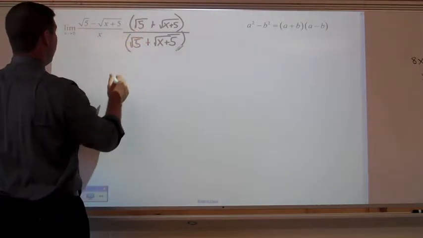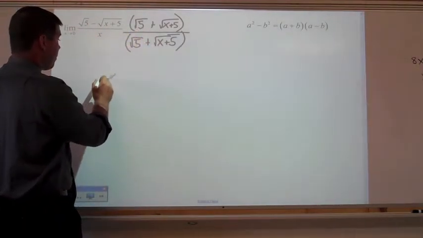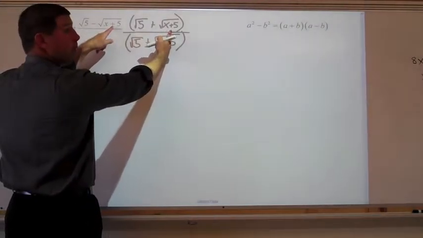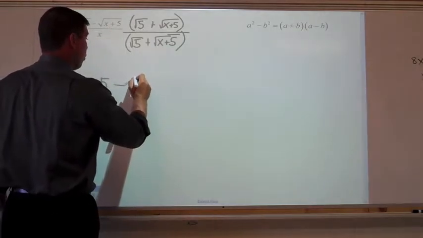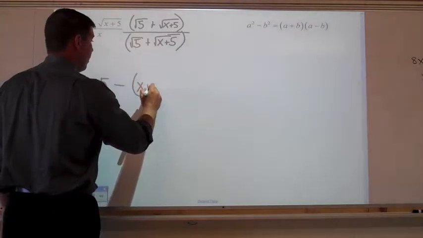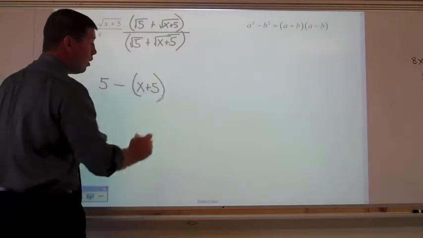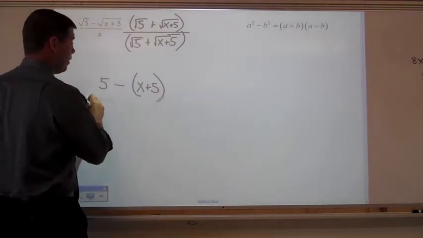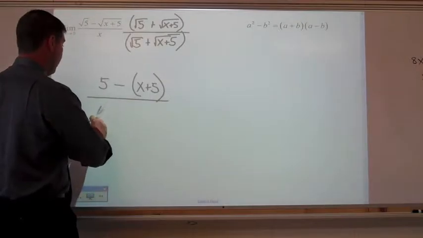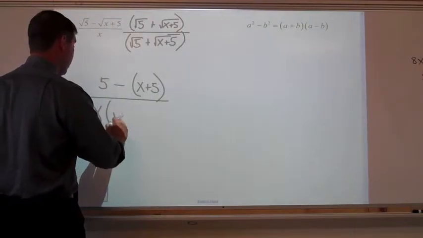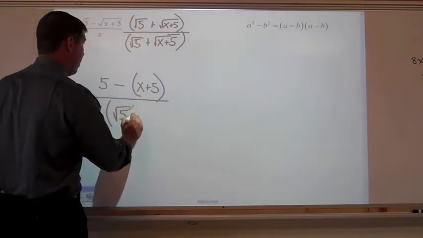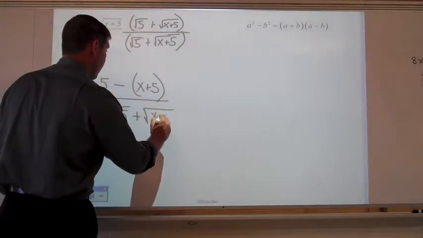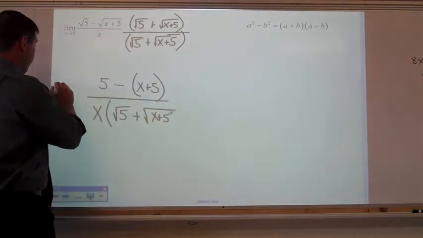A squared ends up being 5, square root of 5 squared, minus b squared, which is x plus 5. When doing this, make sure you realize that x plus 5, that whole term is being subtracted, so you throw your parentheses there. All over the denominator, x times (square root of 5 plus square root of x plus 5).